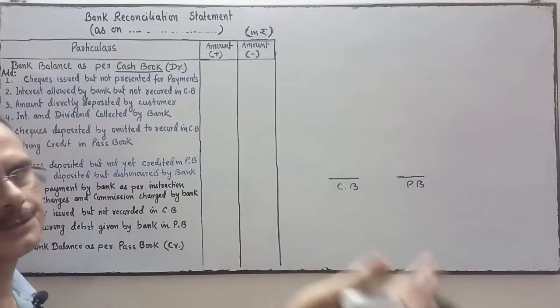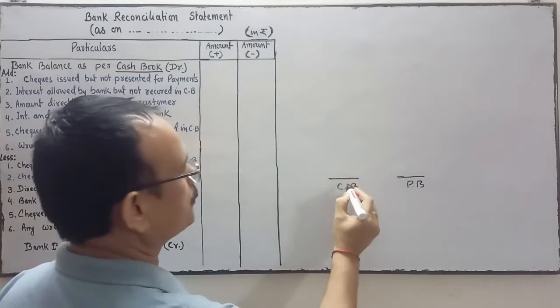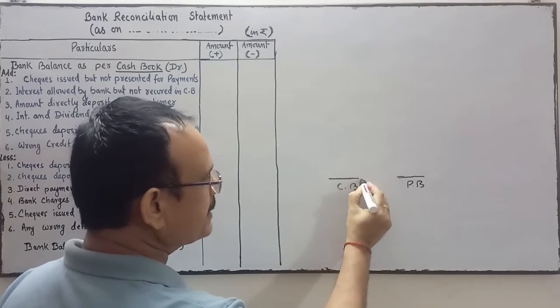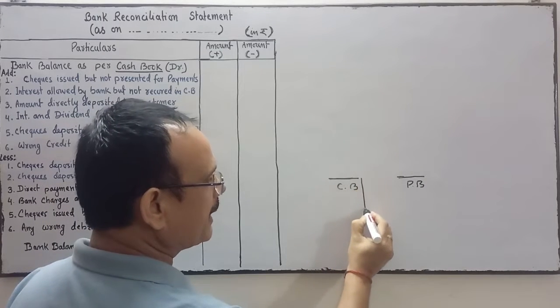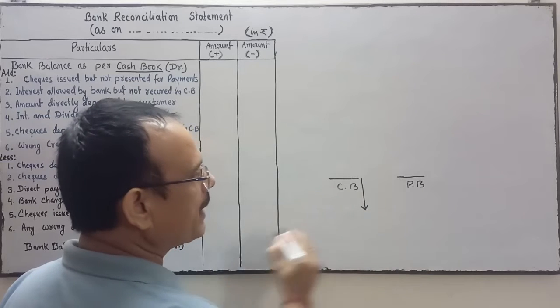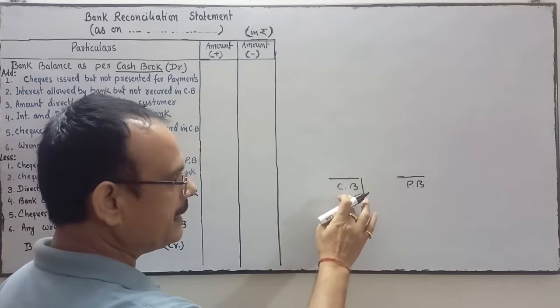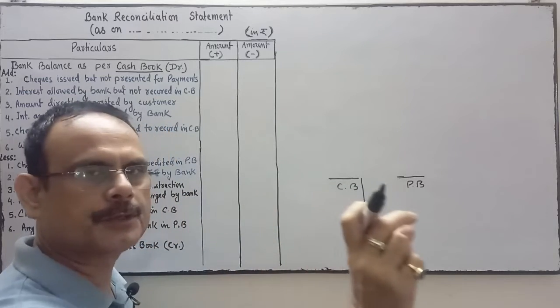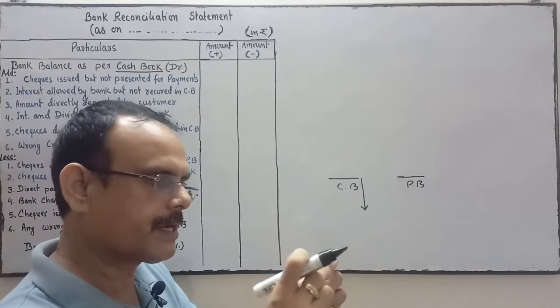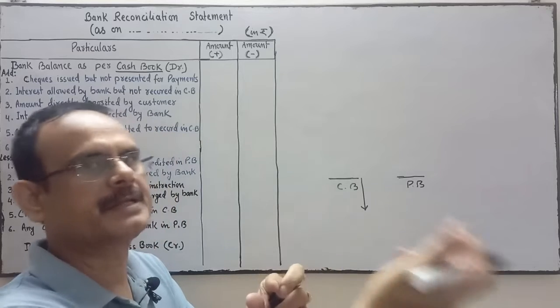To whom the check is issued? When the check is issued, you know that entry is recorded on the credit side of the cash book. So the cash book balance will decrease when the check is issued. That entry is recorded in the cash book on the payment side.